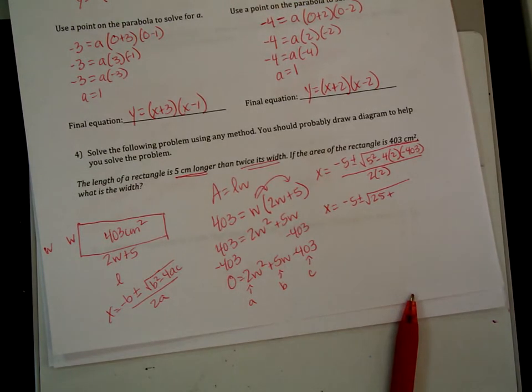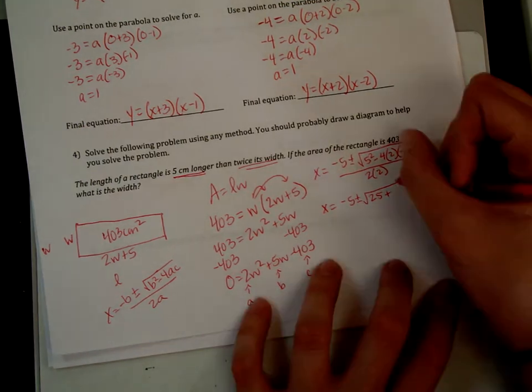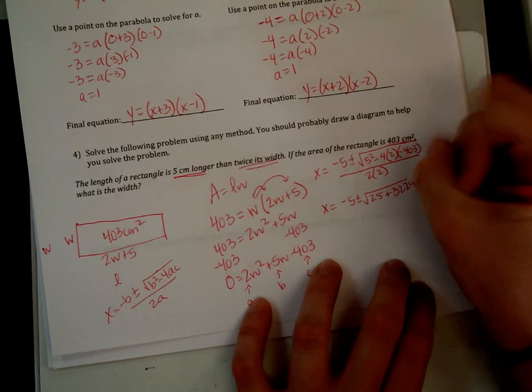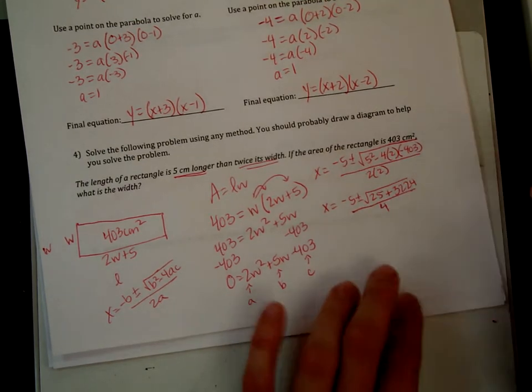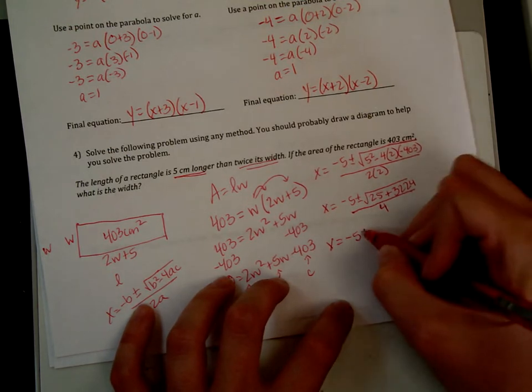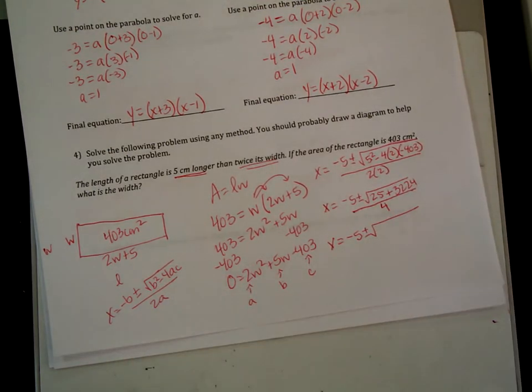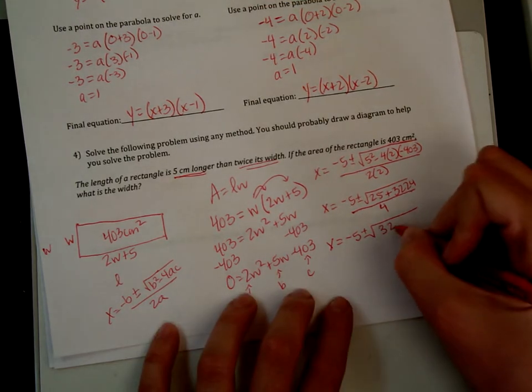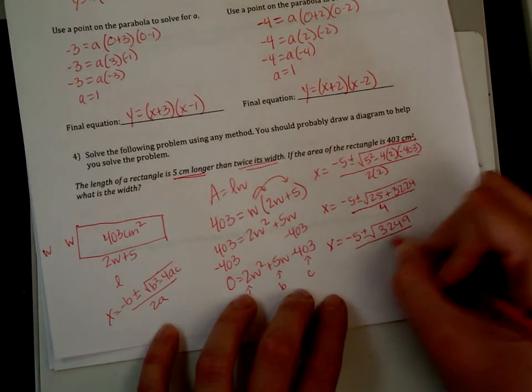let's see, I want 4 times 2 times 403 is 3,224, all divided by 4. So that's -5 plus or minus the square root of 3,249 divided by 4.